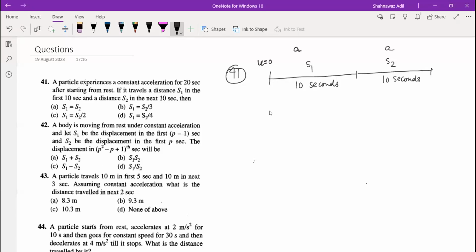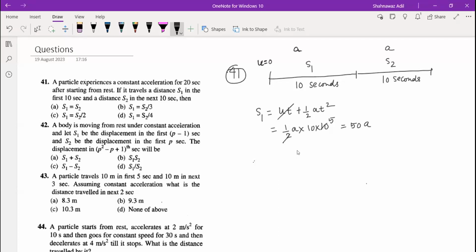So S1 would be UT plus half AT square, and U is 0, so this part cancels. Half A, and time is 10 seconds. So 10 into 10, this will cancel. This is 5, so this is 50A.